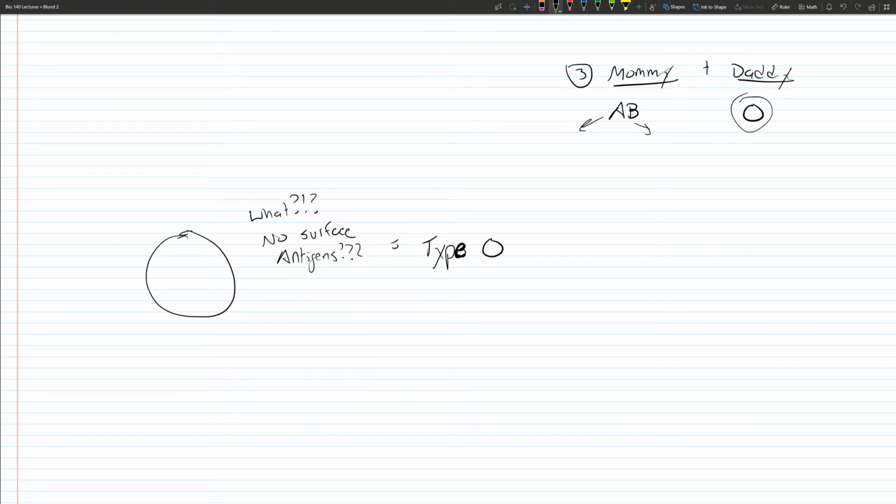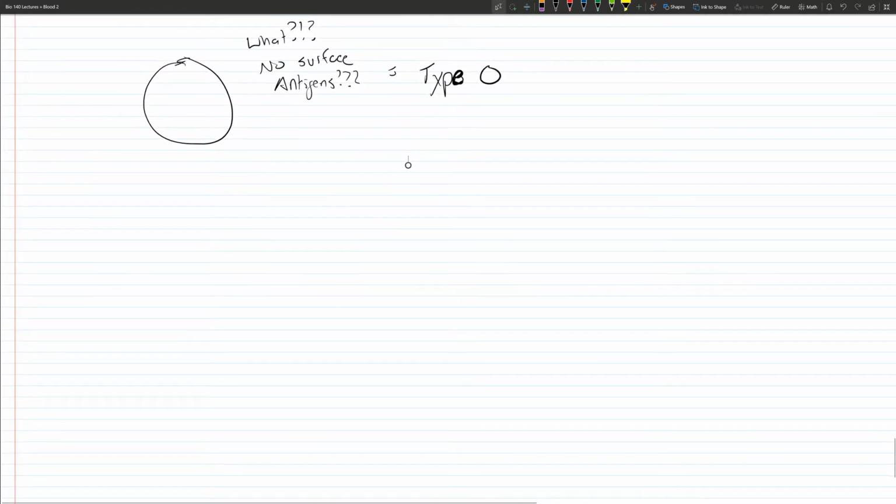So let's take this a step further. Let's say we have here surface antigen A. Now also in the blood, you have these things called anti-B. So if you have surface antigen A, that means inside of your bloodstream you have something that will attack the opposite blood type.